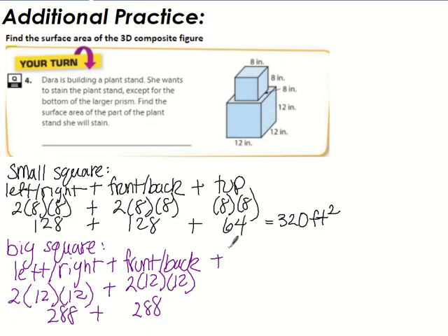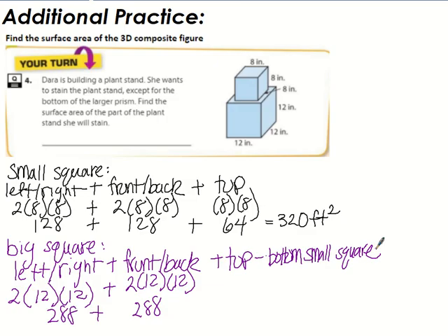But here's the problem. The top is minus the bottom of the small square. Because if you see, the small square is blocking part of the top of the big square. So we're going to have to take the top and minus out the bottom of the small square.